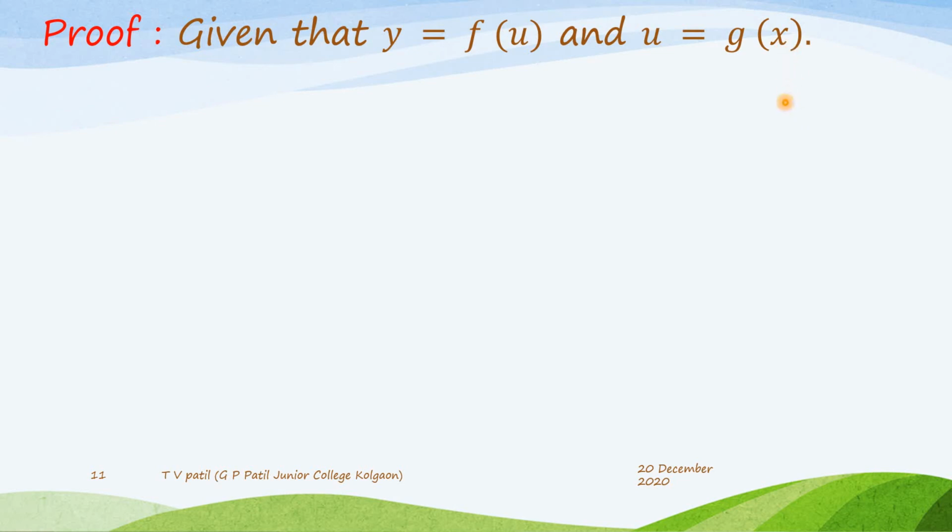Suppose delta x is the increment in x, then obviously delta u is the increment in u, and since y is a function of u, if delta u is the increment in u, then automatically delta y is the increment in y, and it exists.